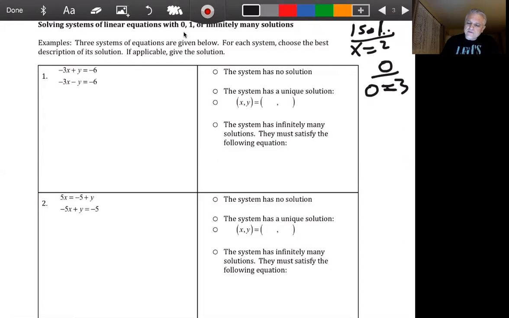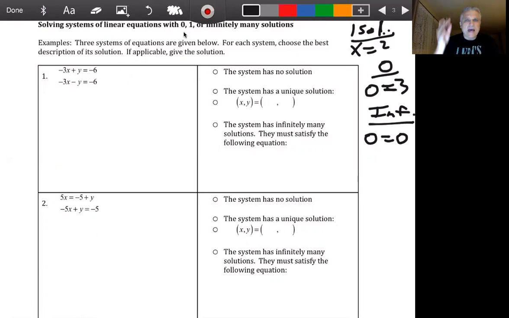And then if I give you something where I say we have infinite solutions, that might look something like this: 0 equals 0. When is 0 equal to 0? Always. So always true means there are infinite solutions. Okay, with that in mind, let's take a look at doing a little elimination here.